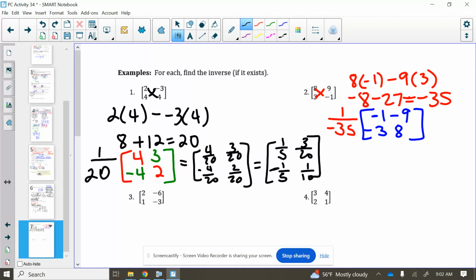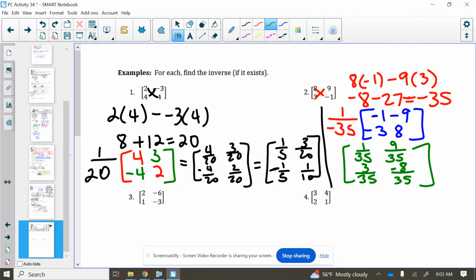And again, we distribute that negative 1 over 35 through. In this case, our result ends up being a positive, because a negative times a negative is a positive. Then again, another positive, because those negatives cancel out, and the negatives cancel out one more time. And then our last one. None of these reduce, so that'll be our final.